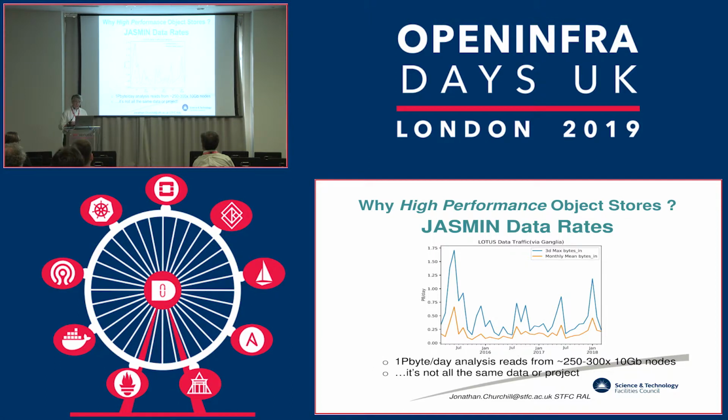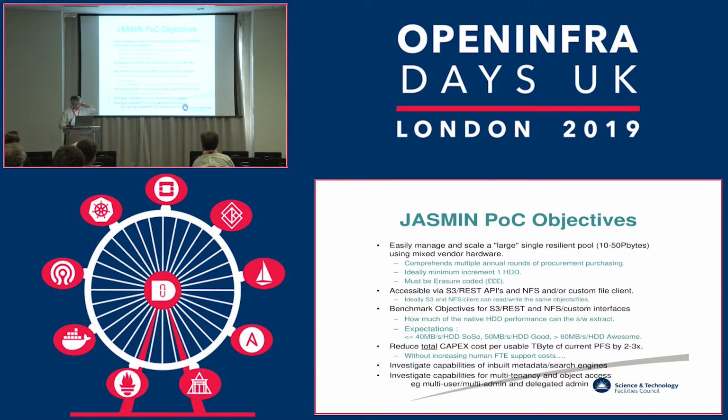We've just, as part of the JASMIN 4 phase, which we're talking about here, added another 225 gigabit connected nodes. But this data isn't all one project, so you've got to remember that you're actually mixing different people's workloads here as well. It's not all one application. So those are the sort of things that are driving us towards object stores and the high-performance object stores.